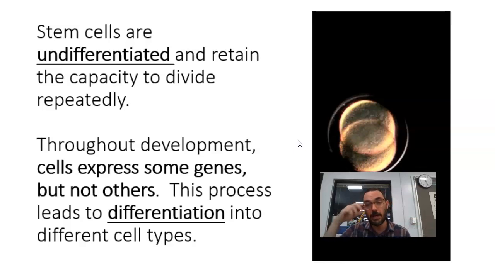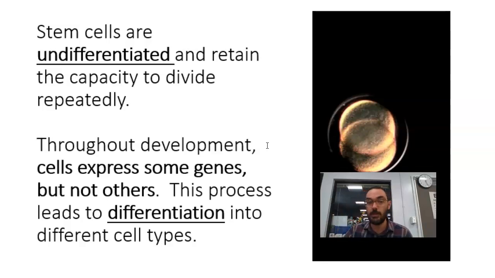And so depending on where that cell lands in the body, it will start to differentiate by expressing some genes, but not others. And so after time, as a cell starts to express some of its genes, but not others, it starts to become more and more like a certain cell type. And so skin cells will express proteins involved with skin cells.